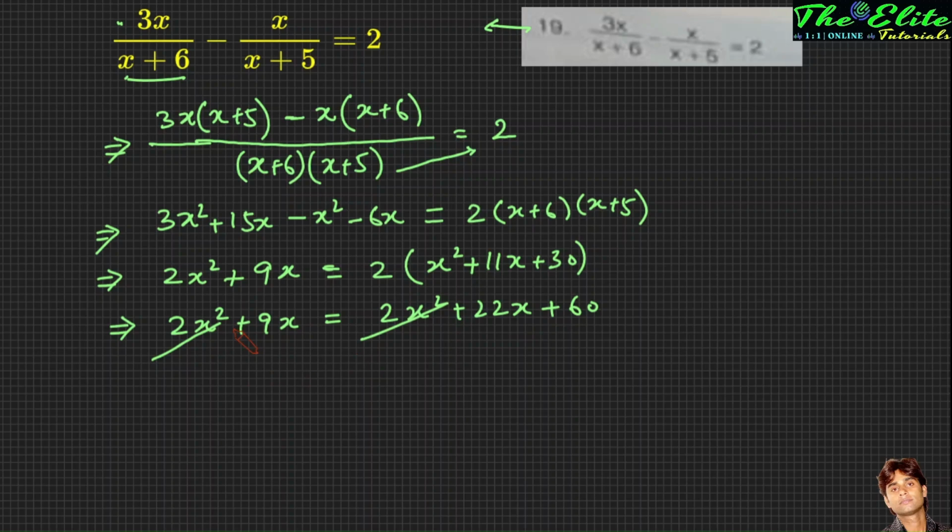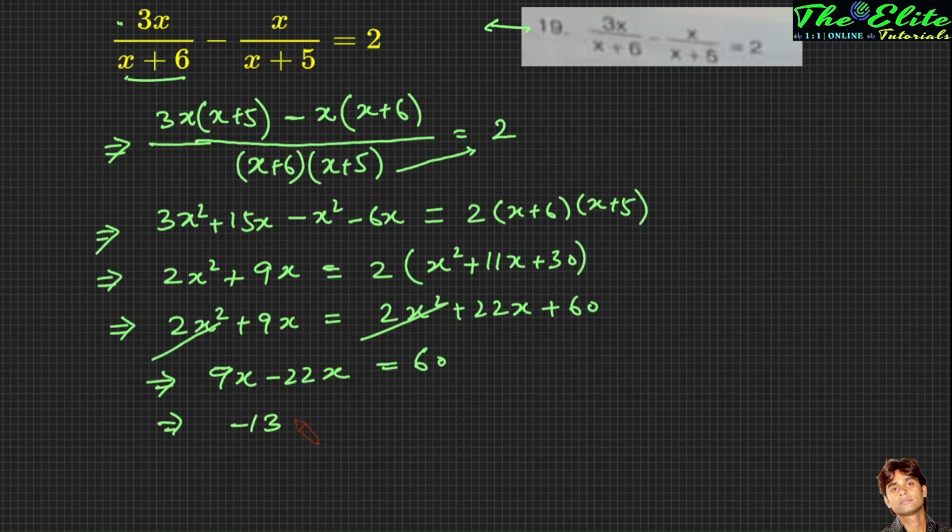Now here it is plus 9x, here plus 22x, so we bring the 22x to the left hand side to make minus 22x, and it will be 60. Nothing is left out, everything is used.